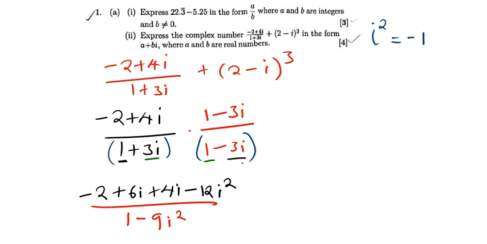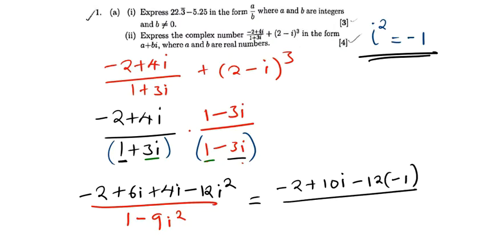And then that will give us negative 2 plus 10i. Now i squared, we're saying i squared is equal to negative 1. So we're going to have 10i minus 12 i squared, where i squared is negative 1, over 1 minus 9, where i squared is negative 1 again.